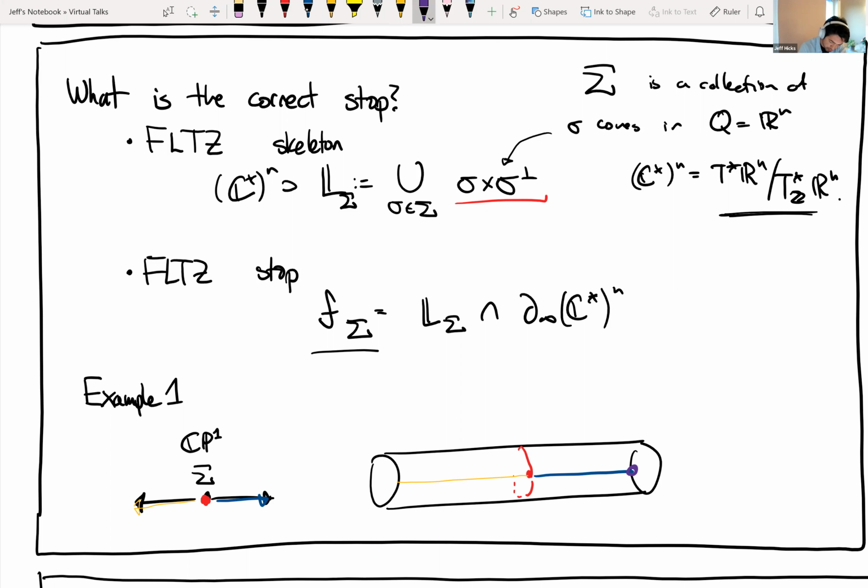And the stop is just the restriction of all of this to the end. So F sigma for CP1 is just these 2 purple dots.